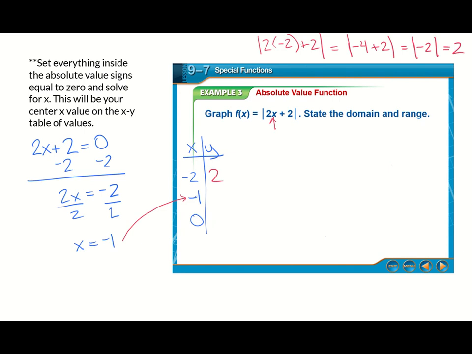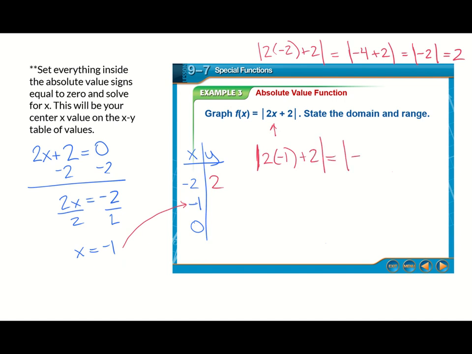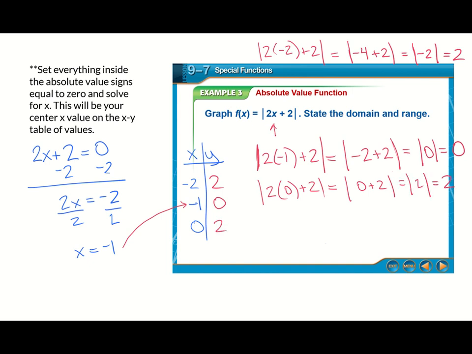If I plug a negative 1 in, I would get the absolute value of 2 times negative 1 plus 2. So that would be the absolute value of negative 2 plus 2, which is the absolute value of 0, so I get 0. If I plug a 0 in, 2 times 0 is 0, plus 2 is 2, and the absolute value of 2 is 2.